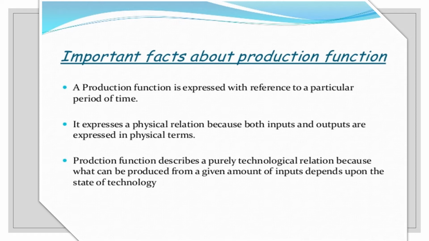Production function describes a purely technological relation because what can be produced from a given amount of inputs depends upon the state of technology, or rather the technology which we are using. That is why it is considered as your technological relationship, because what kind of machinery you are employing in your business clearly defines what quantity of production you are going to have. That is why it is a technological relationship.